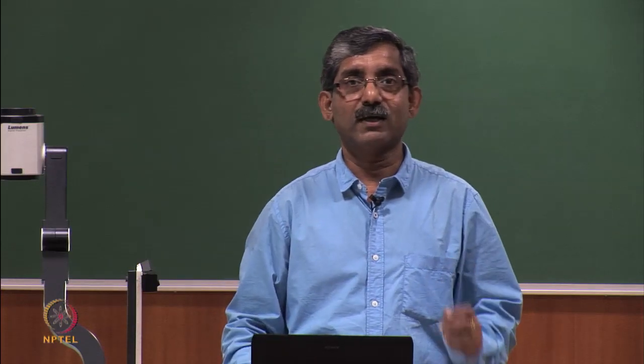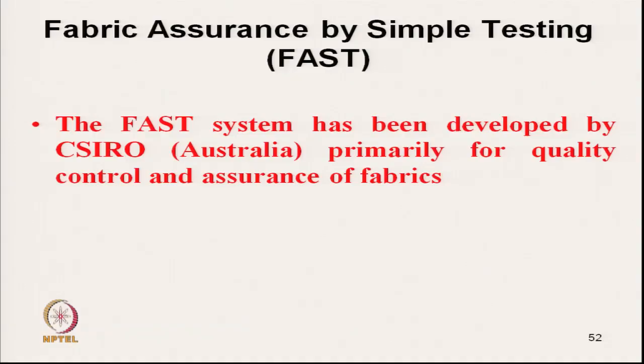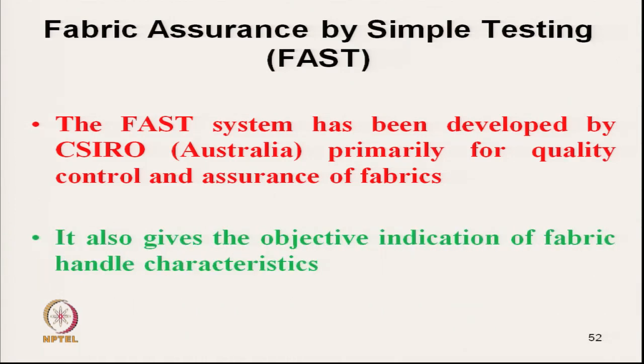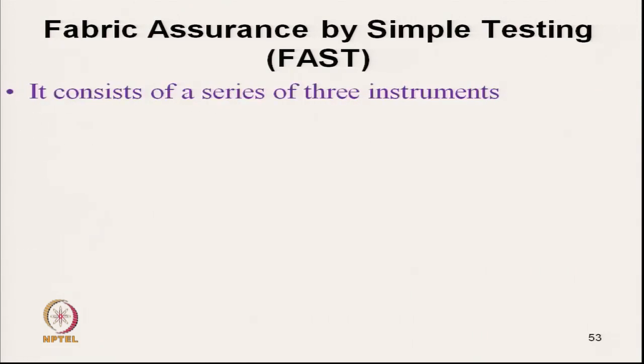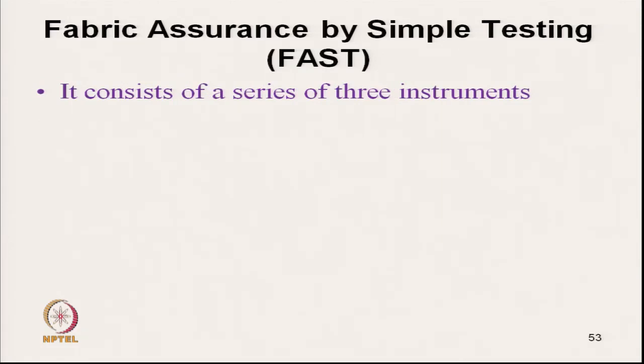Here we get a discrete value, a discrete point. It was developed by CSIRO Australia. It also gives an objective indication of fabric handle characteristics. It consists of a series of 3 instruments, so it has 3 modules.